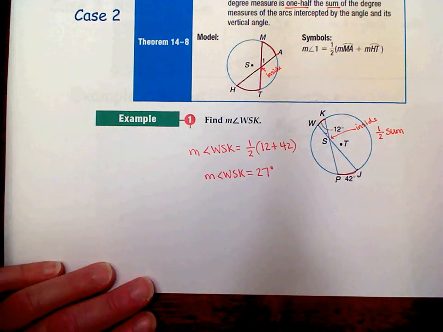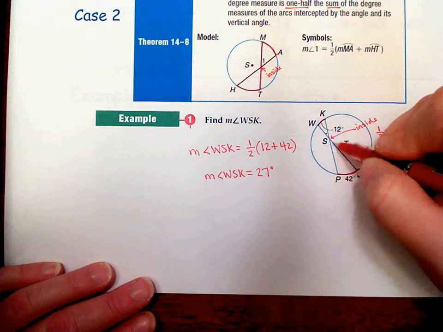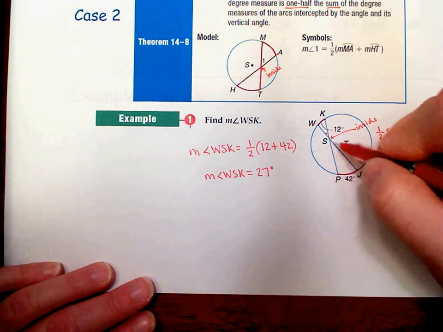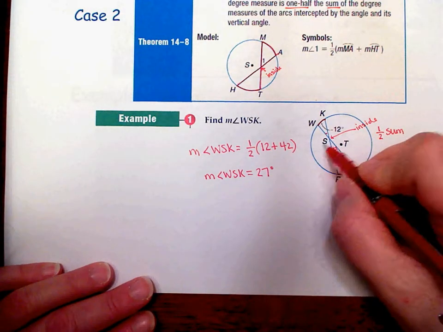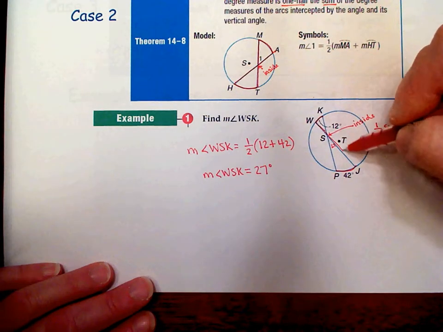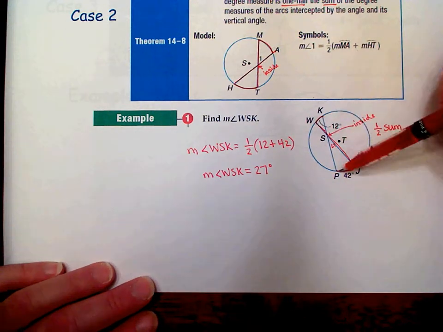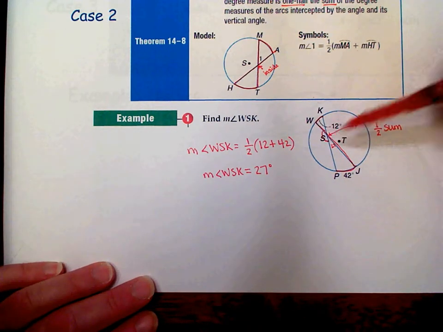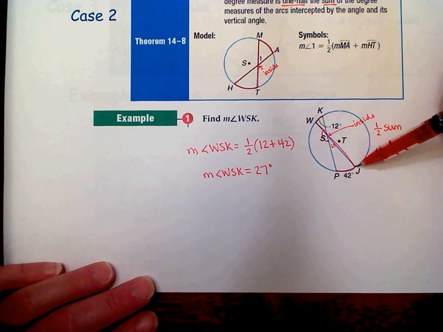Now, if this angle is 27 degrees, then this one would also be 27 degrees, because remember, those are vertical angles. They have to be congruent. We could find these other two angles because together they make a line. So, for instance, I can find angle WSP's measure, this one right here, because together with the 27 degree angle, they make a straight angle, so they have to add to be 180.